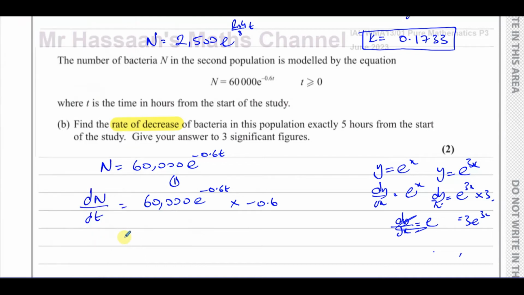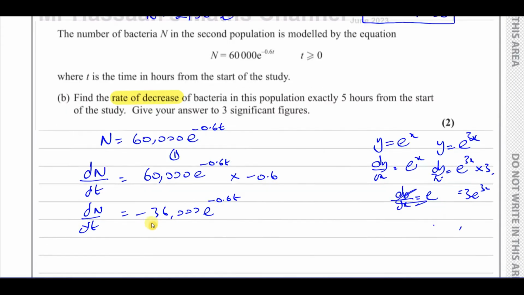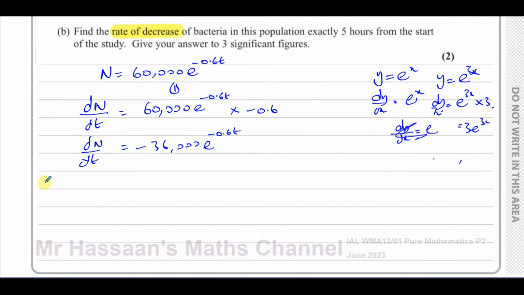So dN/dt is going to be negative 36,000 e to the power of negative 0.6 t. That is dN/dt.